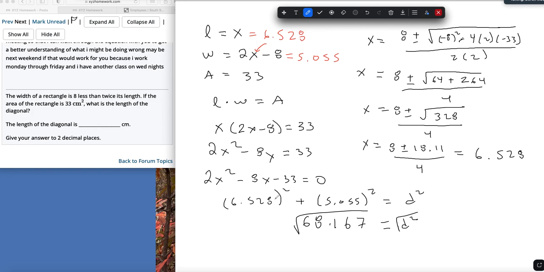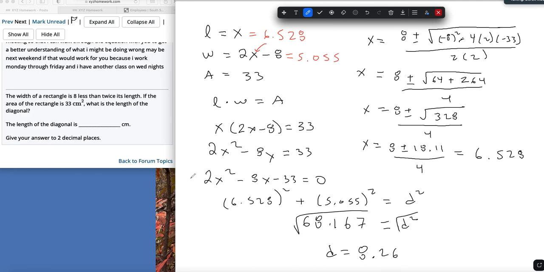Oops, I did not hit that right, because it doesn't equal that. Let me try that one more time. I think I hit the button twice. 68.167, and then the root. Okay, so I'm getting d equals 8.256.